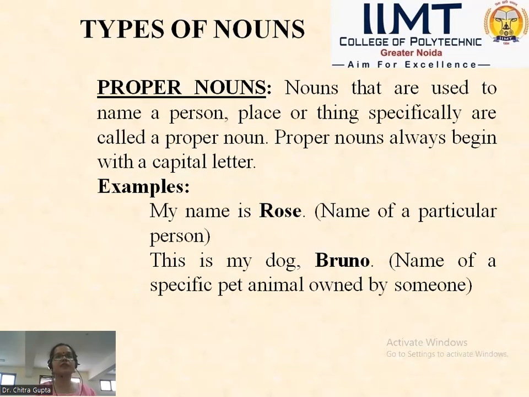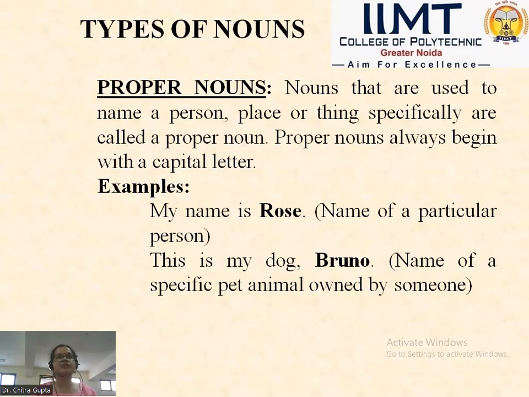Now, moving forward, I'm going to explain and elaborate the various types of nouns, different types of nouns. First one, as we have already understood and read somewhere, this is not a new one for you, but still, is proper nouns.